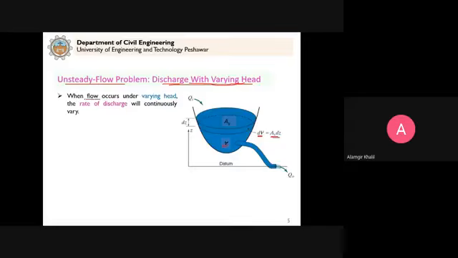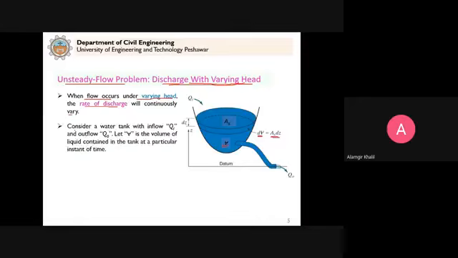When flow occurs under varying head, the rate of discharge will continuously vary. Consider a water tank, which is shown here, with inflow Qi and outflow Q naught.